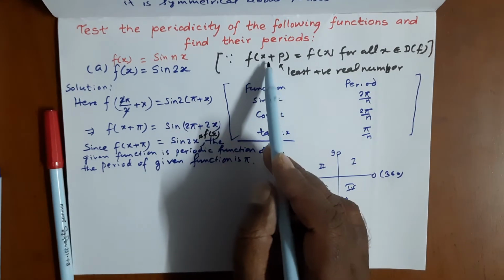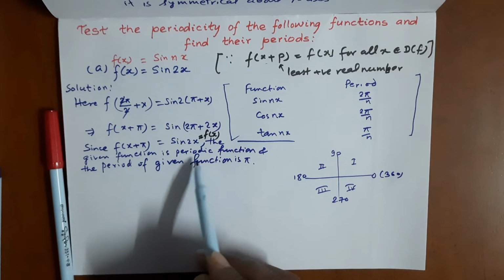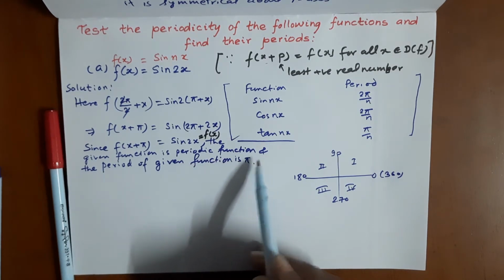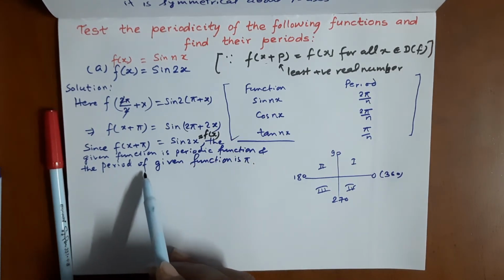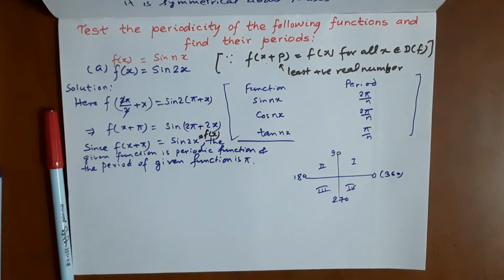So it satisfies the definition of a periodic function. So the given function is a periodic function, and the period of the given function is pi. In this way, we can test the periodicity of the given function, and we can also find the period.